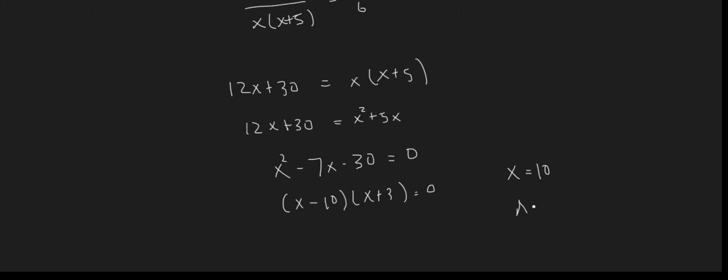You can take 10 hours. But x equals negative 3 does not make sense since time cannot be negative. Let's fix this x here real quick. And going back, time cannot be negative, so that means negative 3 cannot be a possible answer to this. It can be an answer to the equation, but it cannot be an answer to our question because time can never be negative. So x cannot equal negative 3, which means our answer is x equals 10.